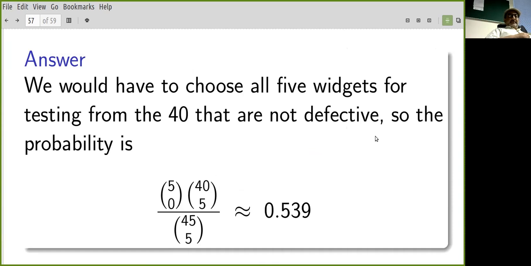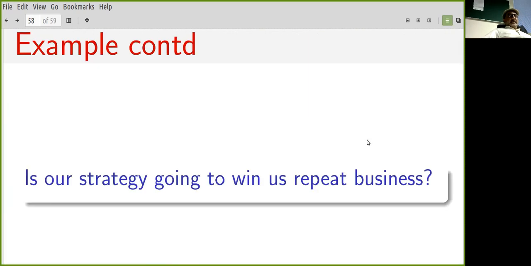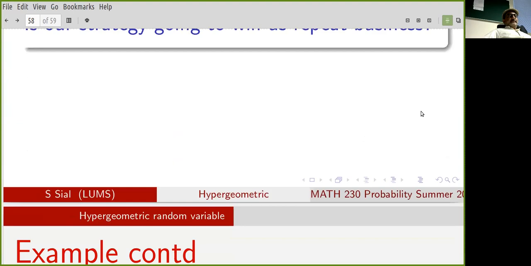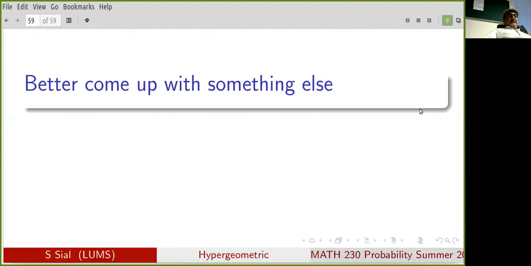Out of the 40 that get shipped, 5 of them are going to be defective. So this doesn't seem like a winning strategy. So that's our introduction to the hypergeometric random variable.